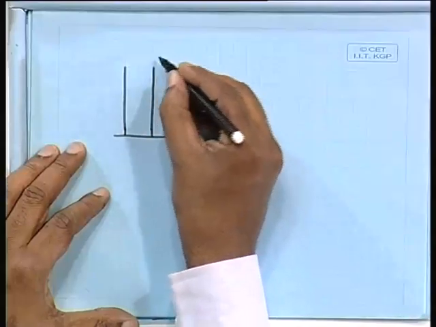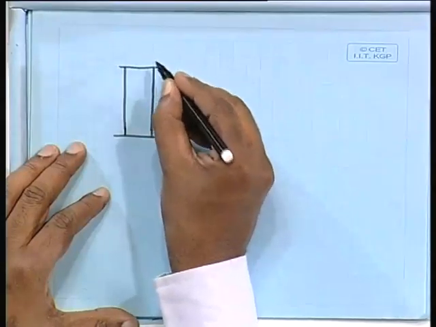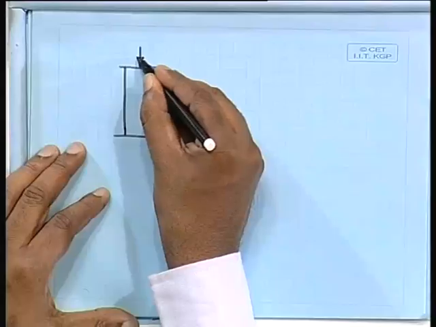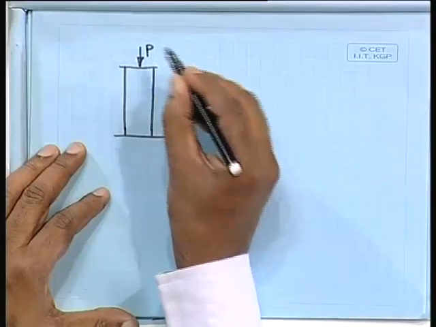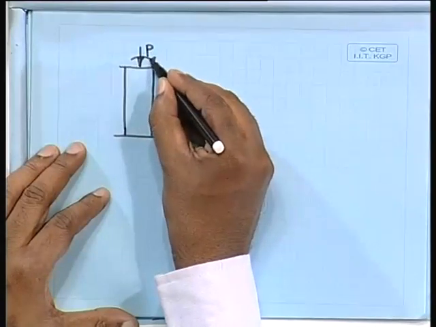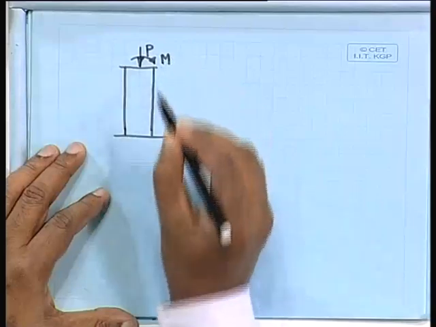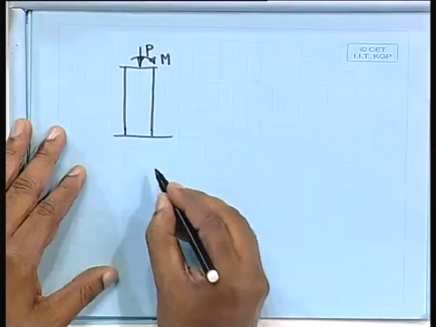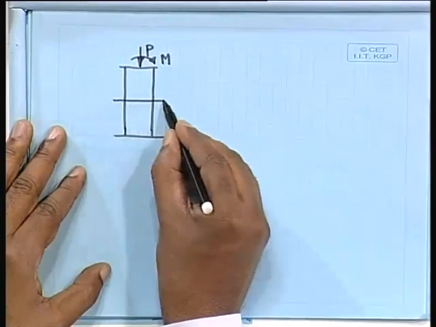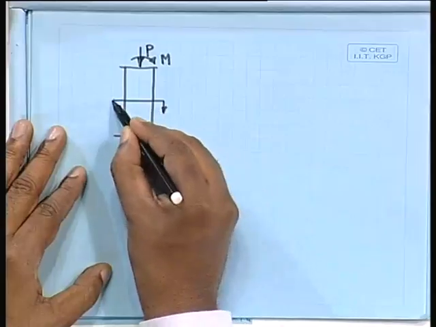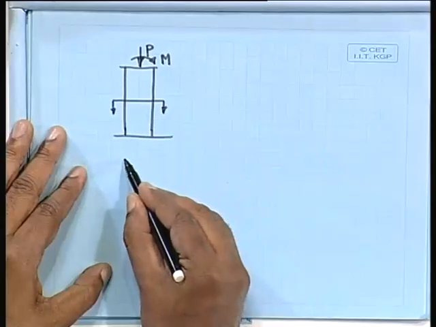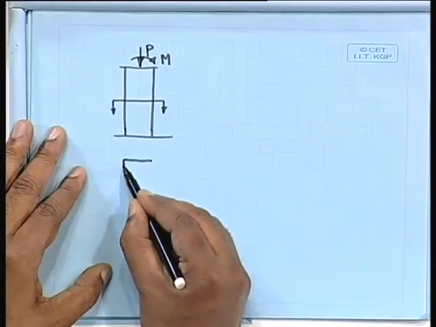So, if this is a column with load P and moment M, and if we take a section, we shall get a cross section of the column.